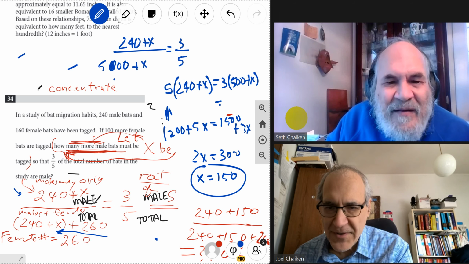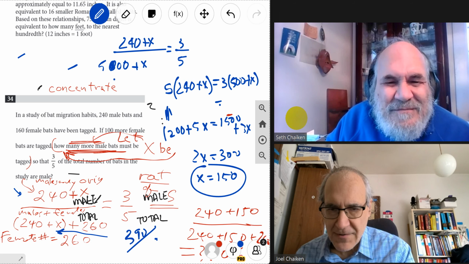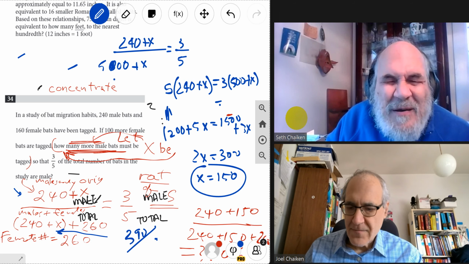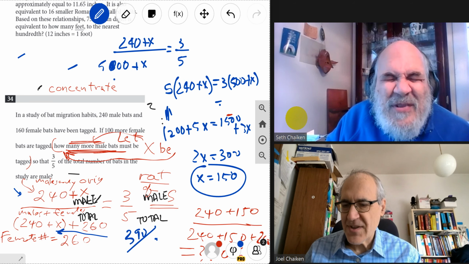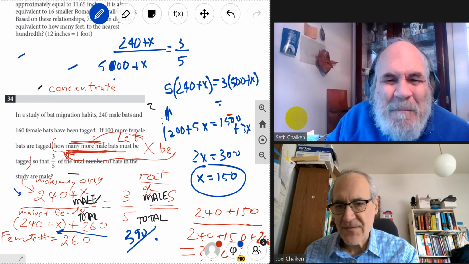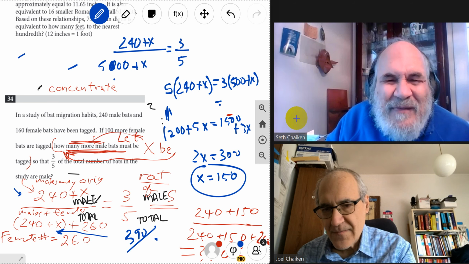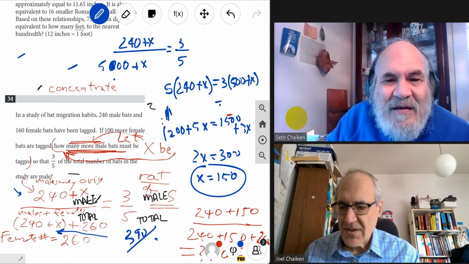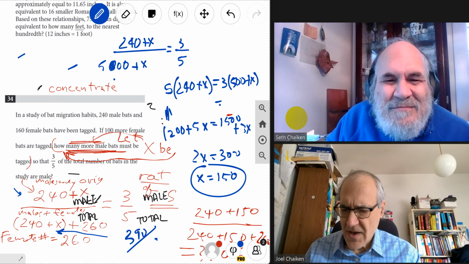The denominator should be 650. So 390 divided by 650 is 0.6.